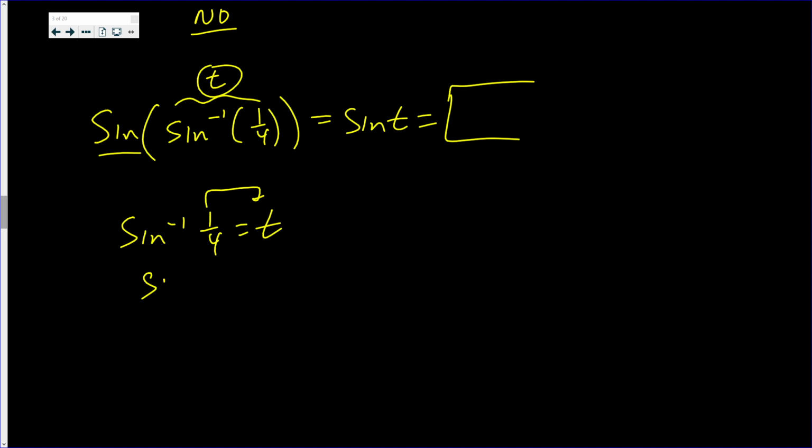I can switch those as long as I get rid of the inverse. Sine of t is 1/4. That was pretty straightforward.